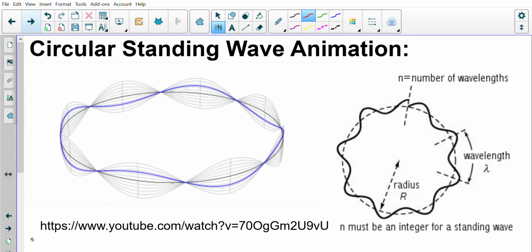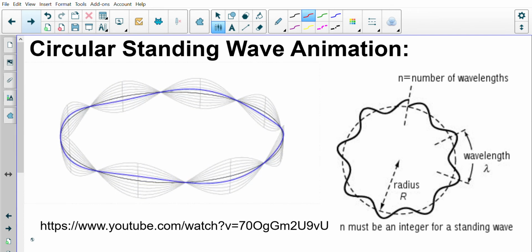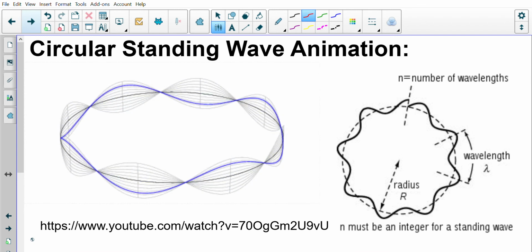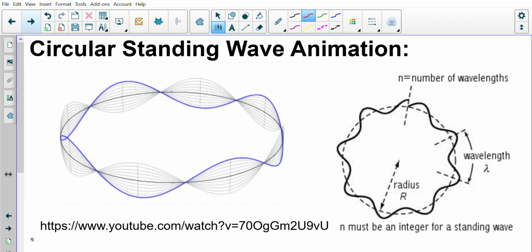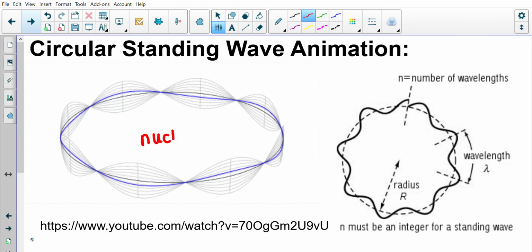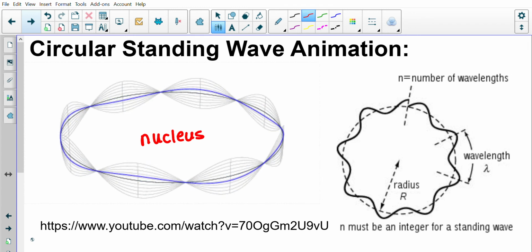So remember I said a couple of slides ago that the orbits are like standing waves that circle the nucleus. Here's an animation of a circular standing wave. So waves oscillate up and down, so that's what you see there, and then your nucleus would be somewhere in the middle.